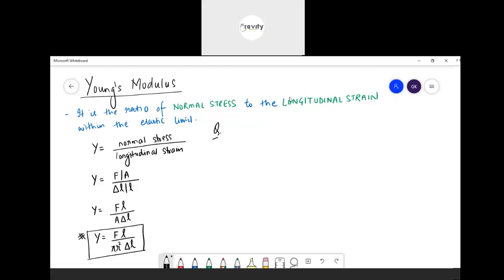Let's have a sample question. The question says: a steel wire of length 4 meter and diameter 5 mm is stretched by 5 kg weight.